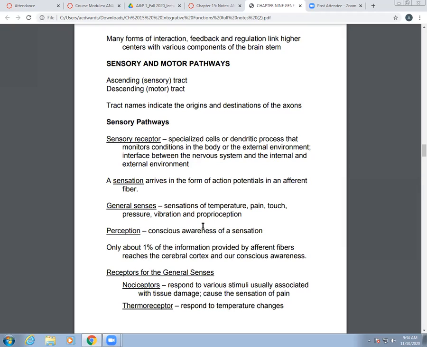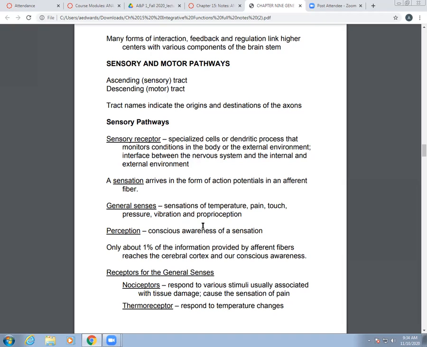Now that we've introduced the sensory and motor pathways, let's get more into that. Your ascending tract, ascending means what? Up or down? Going up, right? So that's typically sensory. You've sensed something in your body and you're sending it up to your central nervous system. Descending means going down.